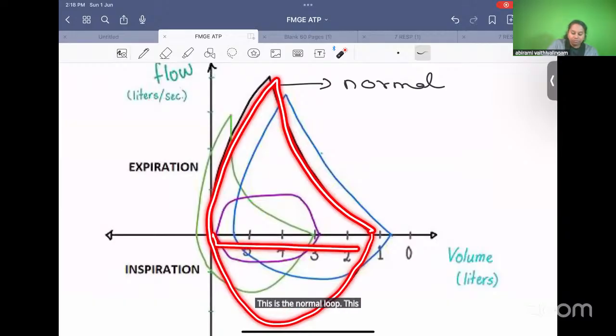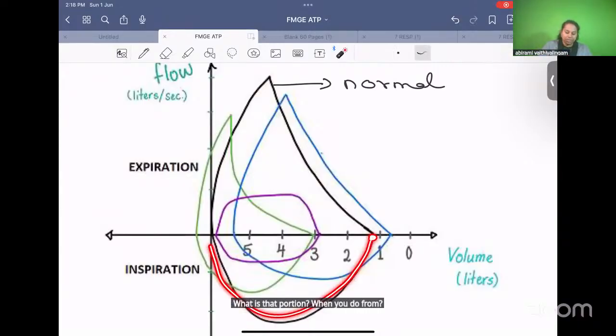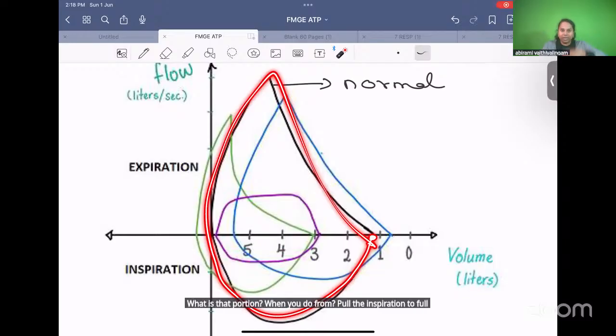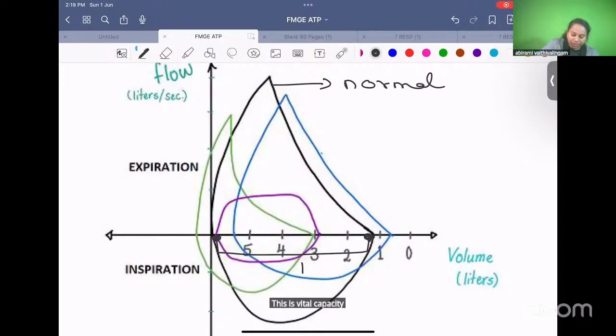This portion which is inside the loop is called the vital capacity. What is that portion? When you go from full inspiration to full expiration, that is vital capacity. So this portion inside the loop is vital capacity or forced vital capacity. If you do it forcefully, forced vital capacity.